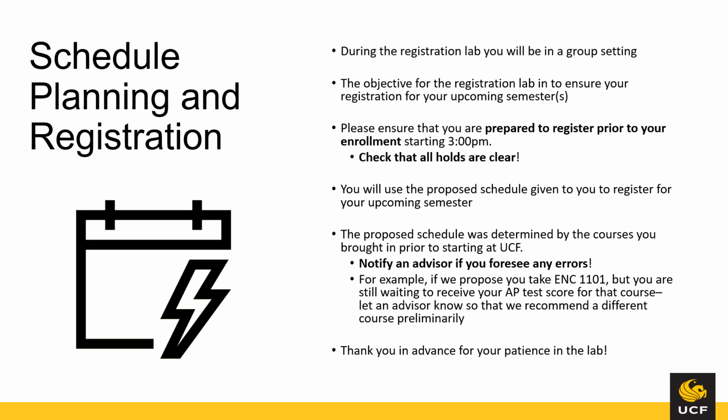So the objective in the registration lab is to ensure that you enroll in at least one course, all right, and you ensure in all the necessary courses for your degree, okay? So what does that mean? That essentially just means we want to make sure that you don't enroll in a course that is not corresponding with one of the requirements for your degree. Okay, so as long as it corresponds to one of the requirements for your degree, we will likely be okay with that.